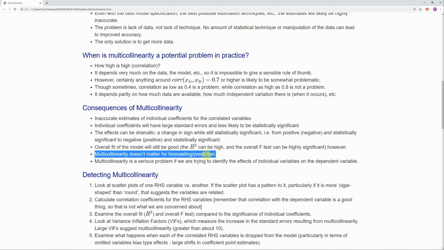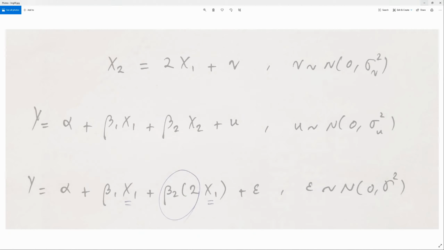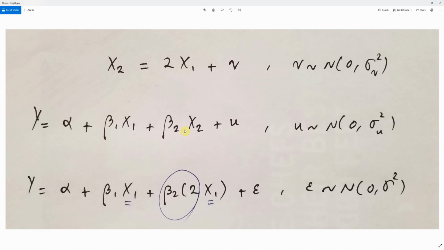You don't care if the effects of x1 and x2 are separated the way they should be, because you don't care about beta 1 and beta 2 separately. You don't care about the effect of x1 on y or x2 on y. What you want is a model that gives you the best prediction for your y, or the lowest error value.